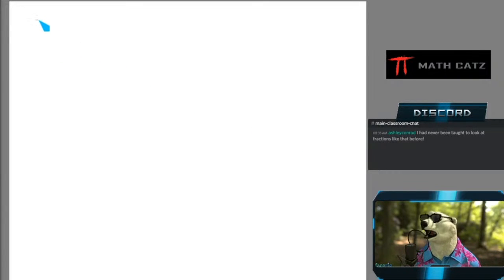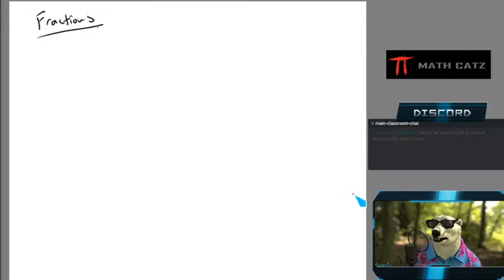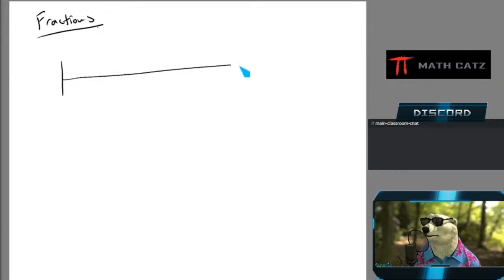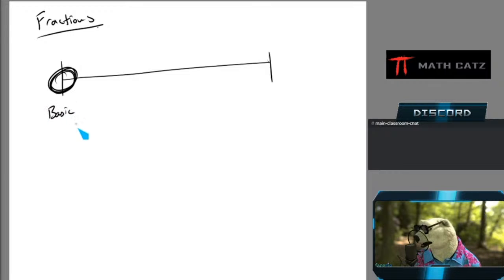Okay. So we're looking at fractions. I have a different setup today, so I'm trying to get used to it. So remember that we are working on the left here, where our understanding is as basic as it can be with the topic.